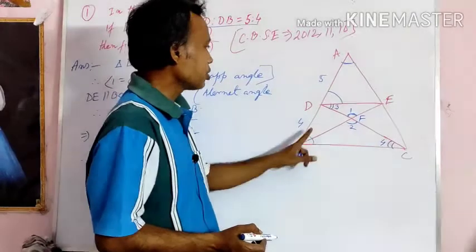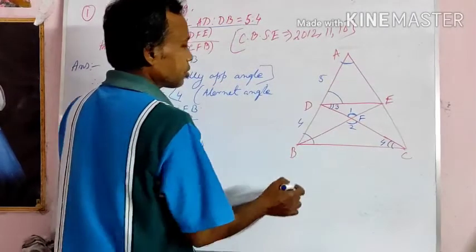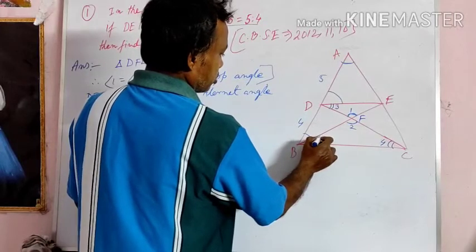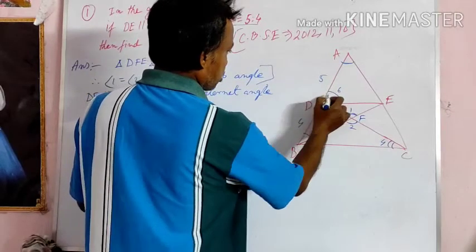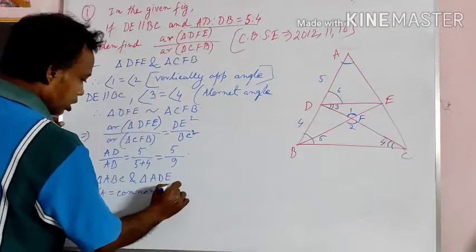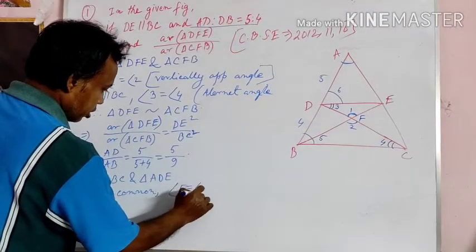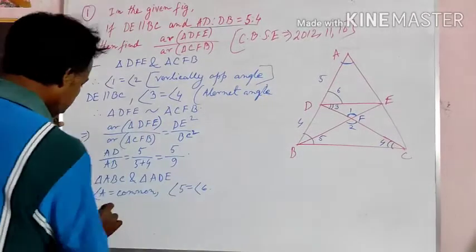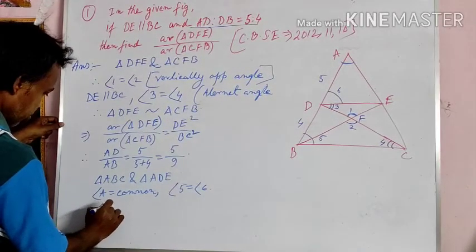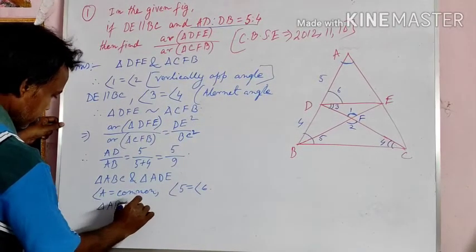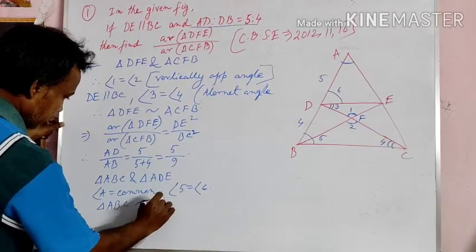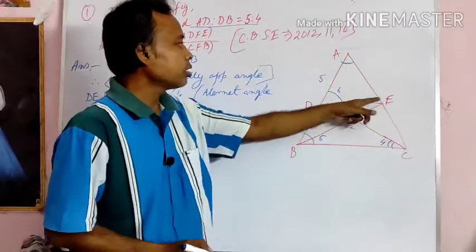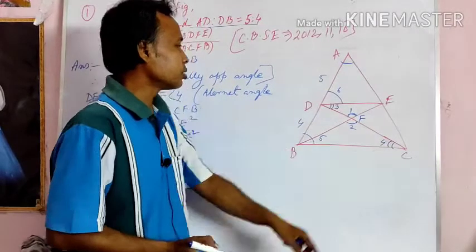Suppose this is angle 5, this is angle 6. Therefore angle 5 is equal to angle 6. So two triangles ADE and ABC are similar.